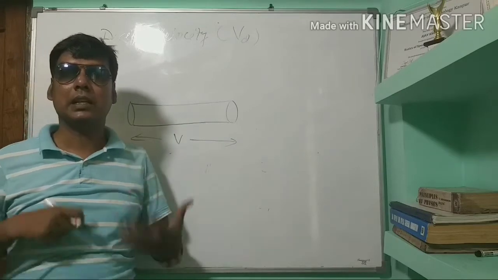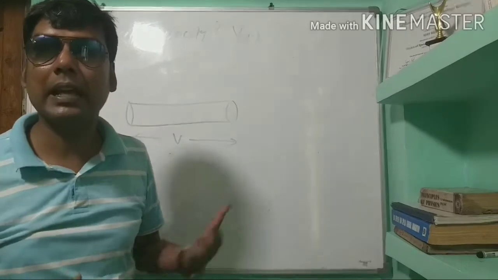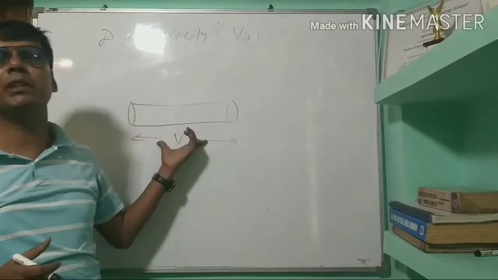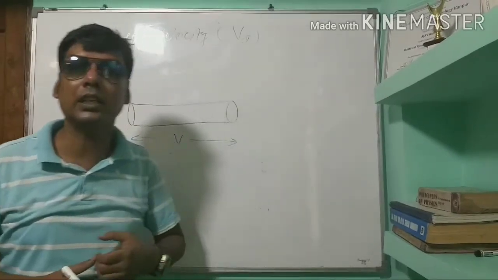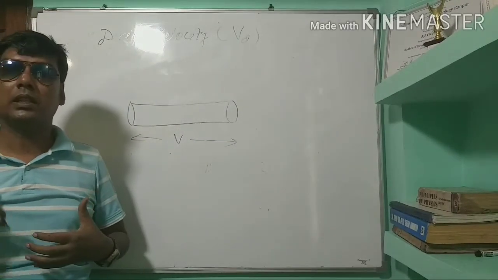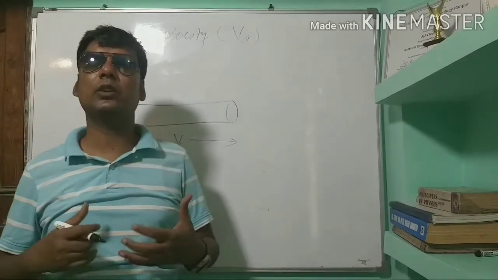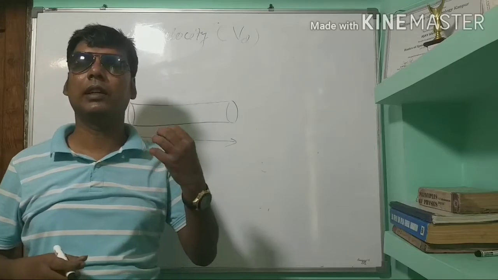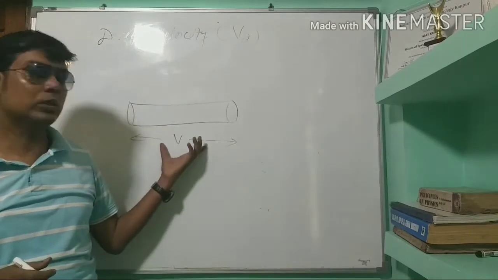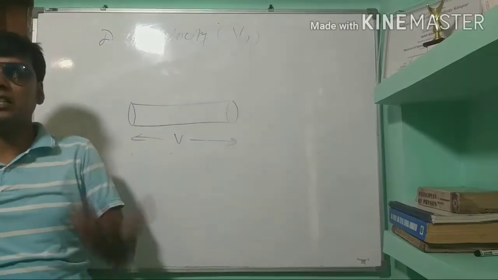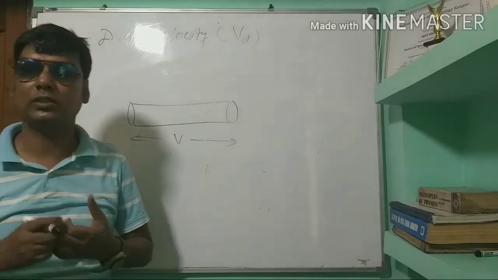When we apply electric potential between two terminals of a conductor, the free electrons move with an average velocity opposite to the direction of the electric field. That is called drift velocity.